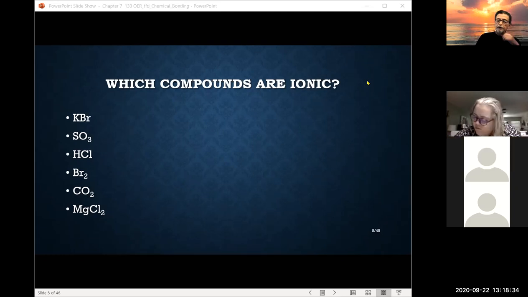So that one would be ionic. And we could have substituted potassium with sodium or lithium or any other metal, okay? And so that's where you've got to go and remember from that periodic table, who are the nonmetals and who are the metals? Because that's going to tell you what type of compound you have here, okay?